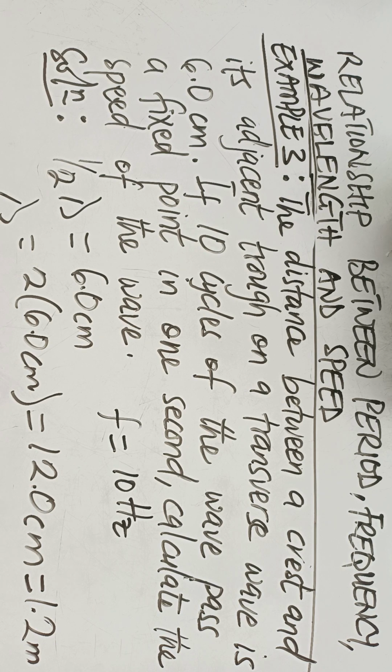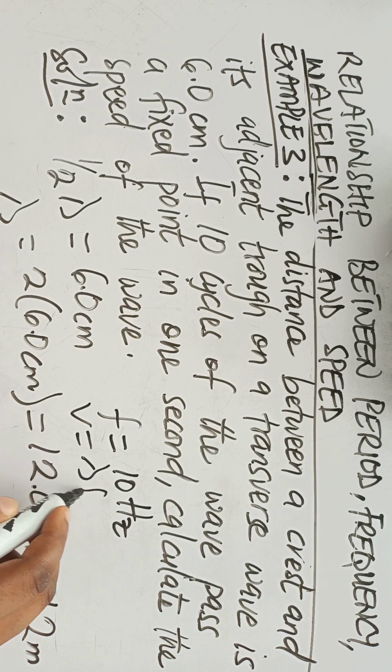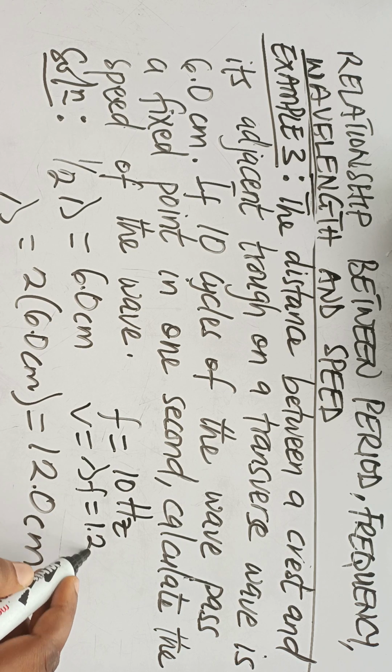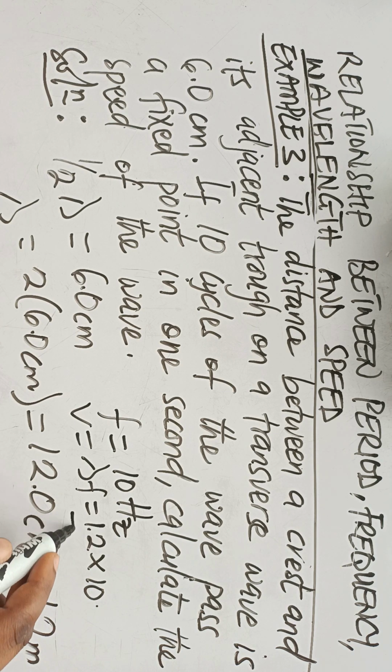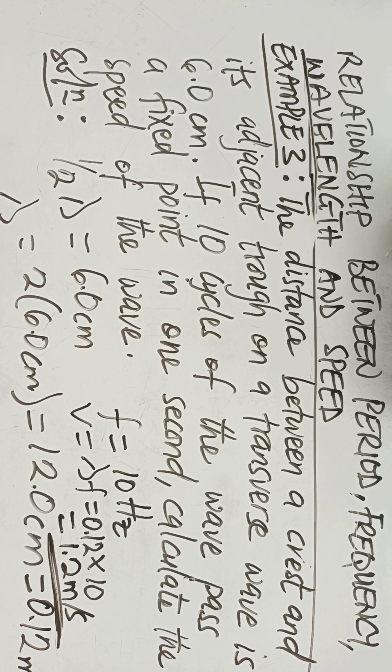Since the question is asking us to determine the speed, we just use the wave equation v equals wavelength times frequency. By so doing, we have 1.2 times 10, and that gives us a value of 1.2 meter per second.